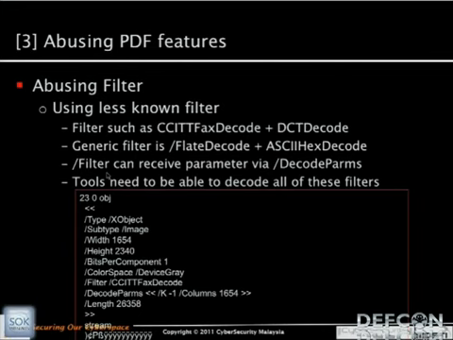You can implement it within the parameter called DecodeParms. For example, this code implements CCITTFaxDecode. It's normally for images, but it doesn't really matter. It's not necessarily an image. You can put whatever you want, as long as it's within the format of CCITTFaxDecode.